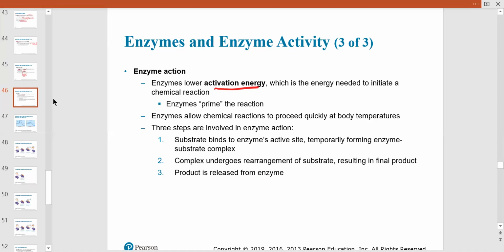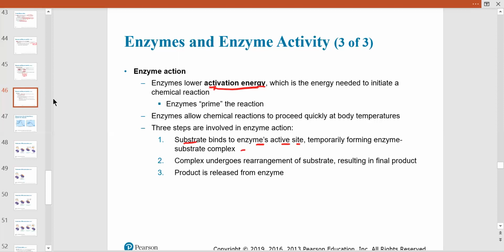So like I said before, a reaction that takes 0.5 seconds to go through with an enzyme could take hours if the enzyme is not present or it's not active, or it's inhibited by a medication or genetics or a hostile environment where it's denatured. So the substrate binds to the enzyme at the active site, of course, and it forms a complex.